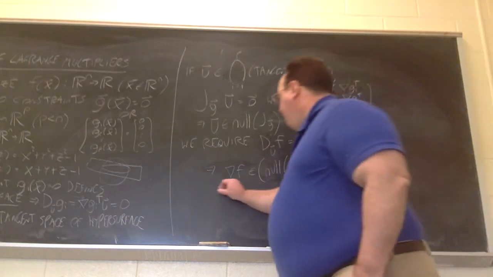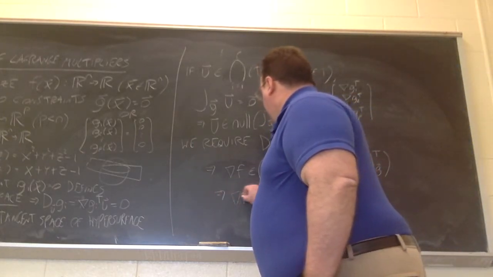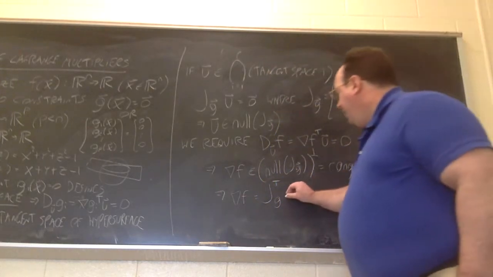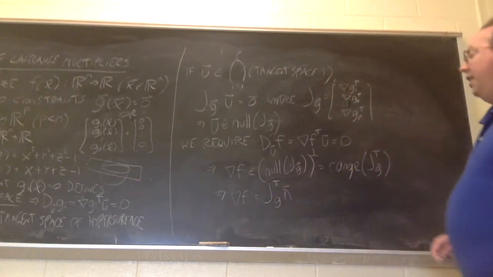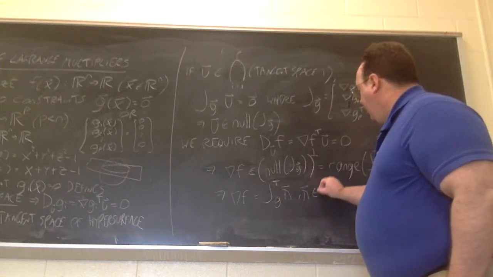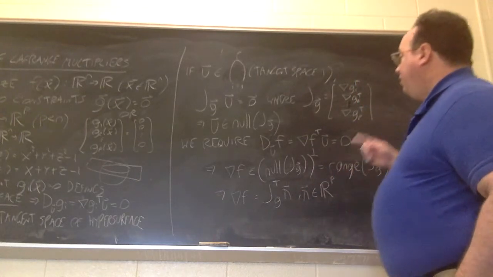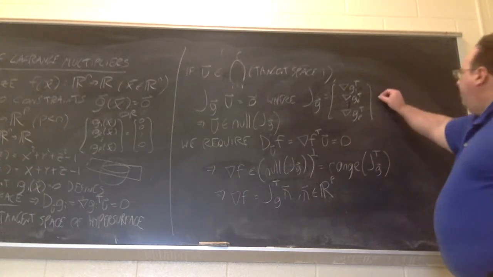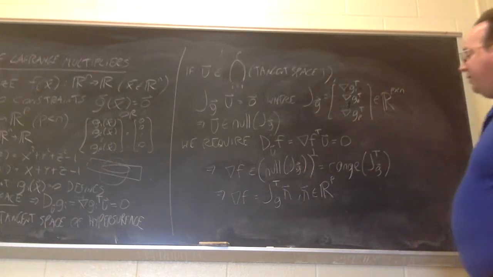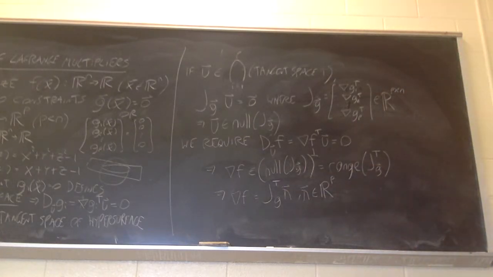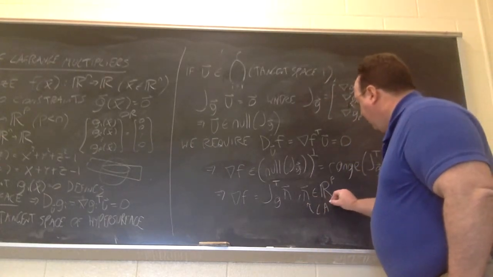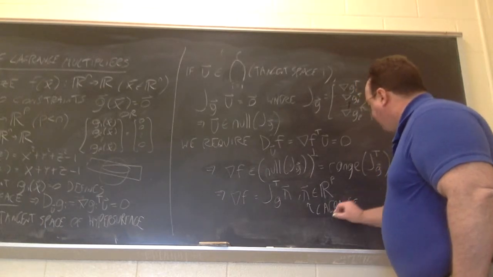So that would mean that the gradient of f is equal to the transpose of the Jacobian matrix times some vector, which I'll call lambda. So lambda is in R^p, because the Jacobian matrix is a p by n matrix, so the transpose is n by p. These lambdas are called the Lagrange multipliers.